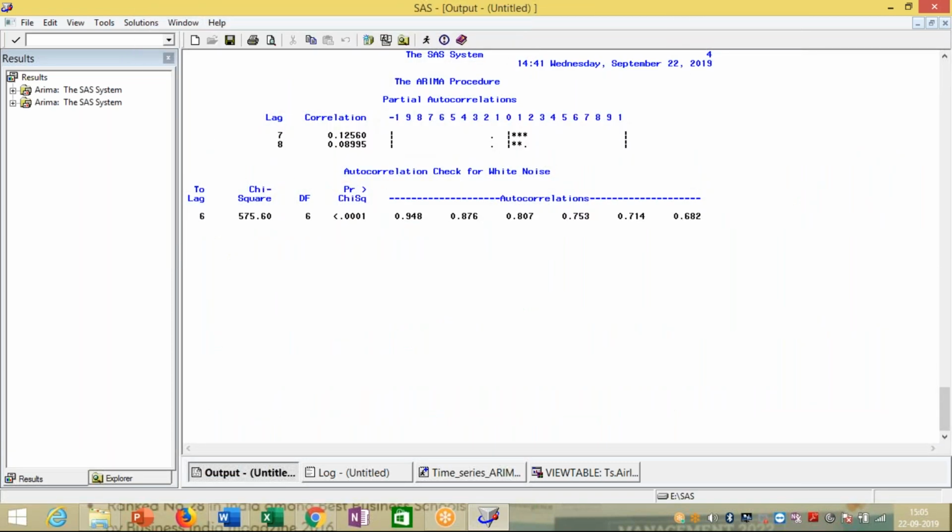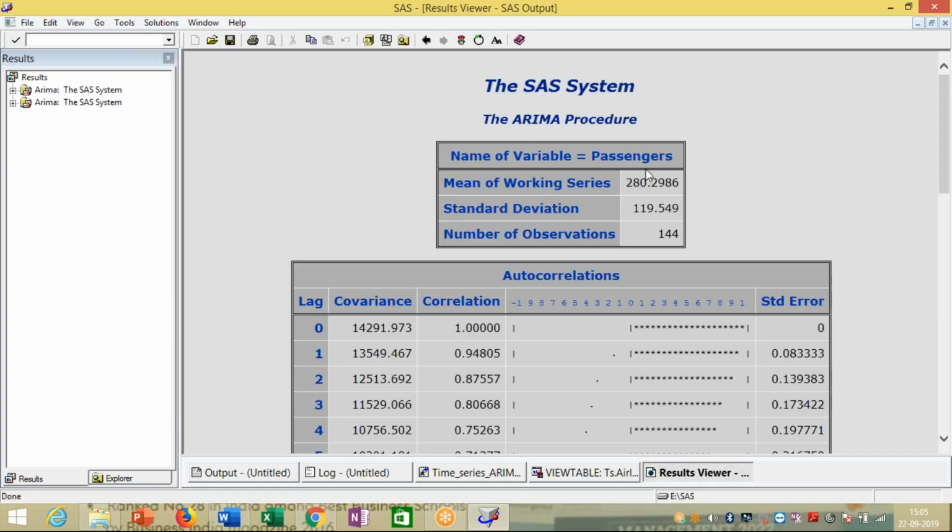Yeah. So this is what the outcome looks like, right? Over here, it reports the mean of the working series, and it reports the standard deviation of the series, right? So the mean number of passengers onboarding is 280 with a standard deviation of plus minus 119.